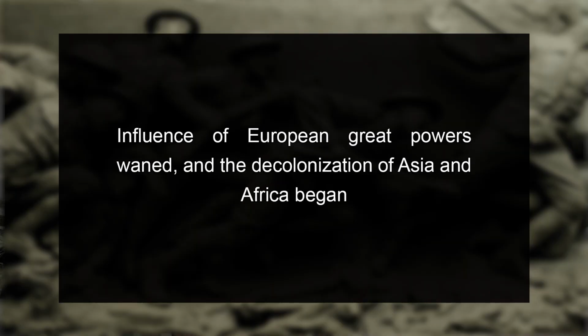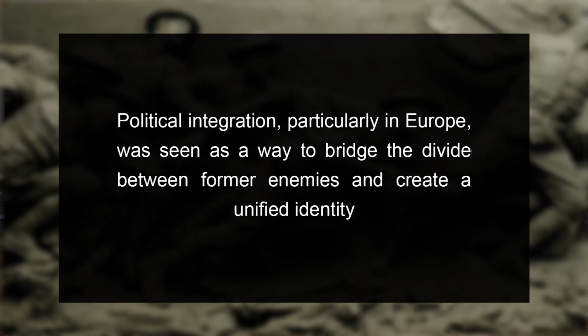Meanwhile, the influence of European great powers waned and the decolonization of Asia and Africa began. Most countries whose industries had been damaged during the war began to recover economically. Political integration, particularly in Europe, was seen as a way to bridge the divide between former enemies and create a unified identity.